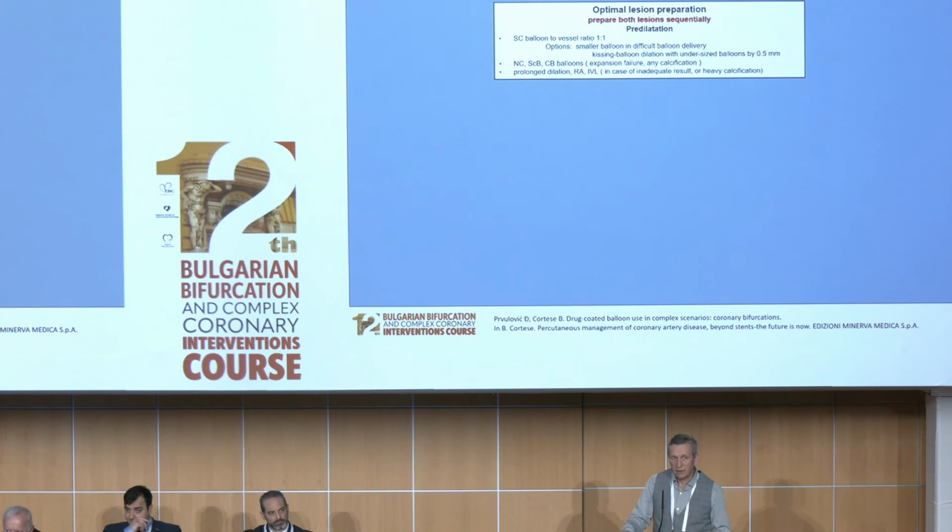And if it's difficult to deliver the balloon, try with a smaller one. And Dr. Burzotta proposed a logical approach, never accepted, I think, by the European Bifurcation Club: simultaneous kissing inflation with a wide undersized balloon. It may be logical to modify the carina or something like that. Personally, I don't use it very much.